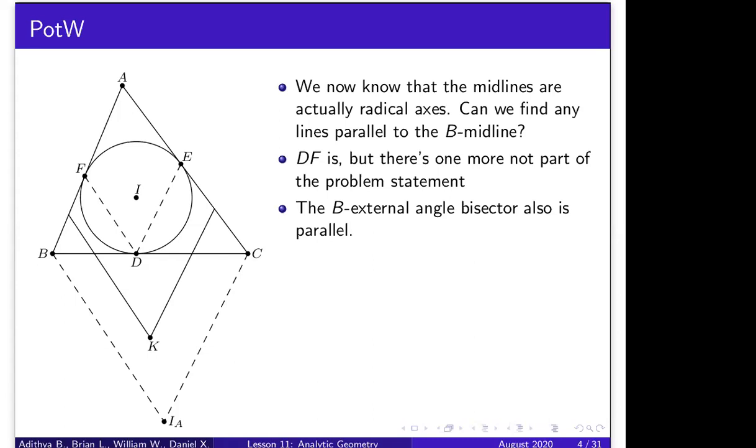Well, first of all, does it look like there are any points collinear in our current diagram? Yep, D, K, and the A-excenter look collinear. So let's try to prove that.